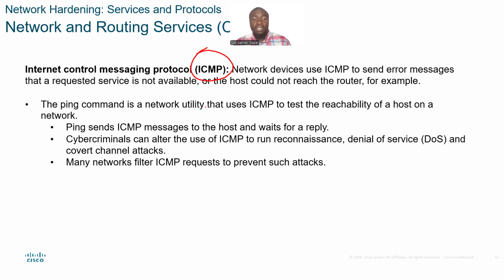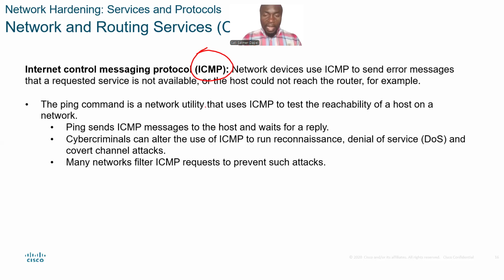Cyber criminals can alter the use of ICMP to run reconnaissance or even denial of service attacks and even covert channel attacks. So many networks filter ICMP requests to prevent such attacks. For instance, I can say I want to prevent ICMP to my web server, or to my router, to my firewall, which means if somebody from outside tries to ping my server, it will say not available, even though it is available.